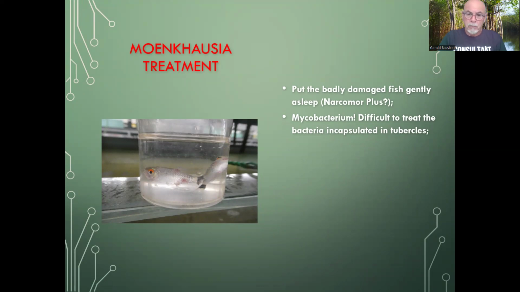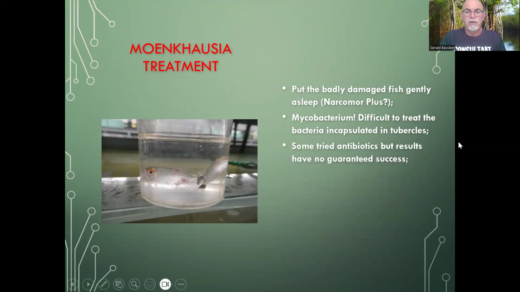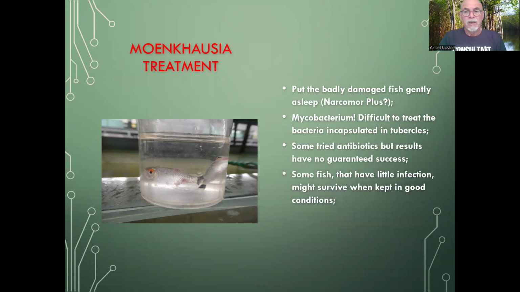We suspected Mycobacterium. Well, we know that it's difficult to treat the bacteria because they're encapsulated in tubercles. Some people tried antibiotics, but the results have no guaranteed success due to the bacteria being protected against the antibiotics. Some fish that have a little infection might survive for a long time or permanently when they are kept in good condition.